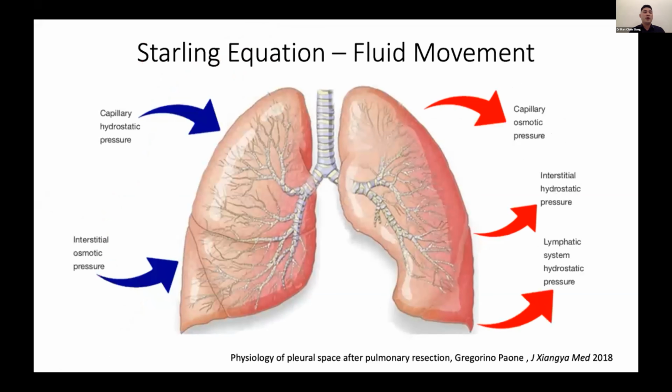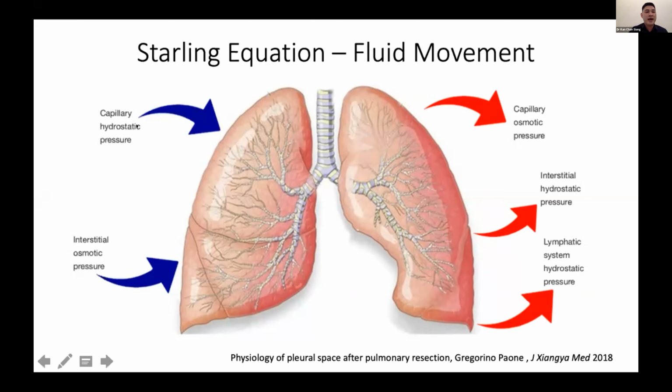Now we know how the fluid is being produced and being drained. So it is very important for us to know that the mechanism of fluid movement strictly follows this law, which we call the Starling equation. From the Starling equation, it states how fluid moves from the capillaries into the interstitial space. The pleural space is considered one of the interstitial spaces.